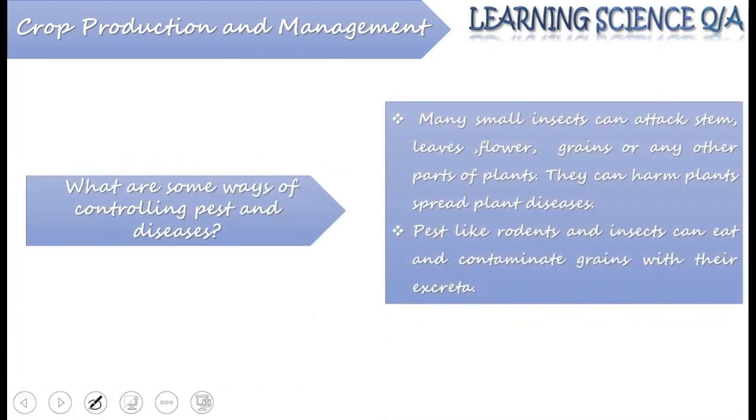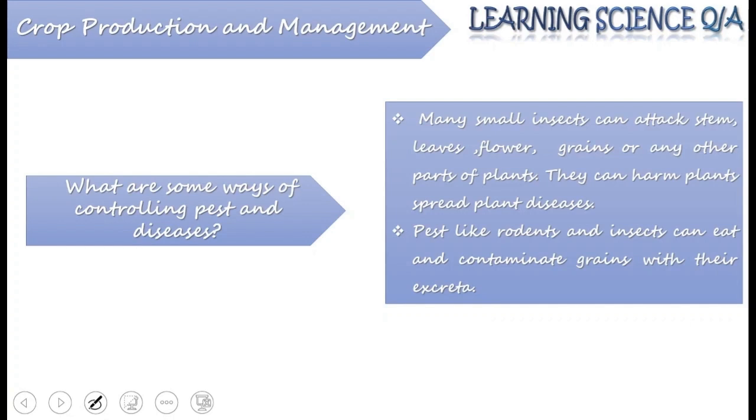Now, what are some ways of controlling pest and disease? Inside a crop field, weed can be one thing that can be seen along with the crop plant, and they are affecting our crop plant in a negative way.